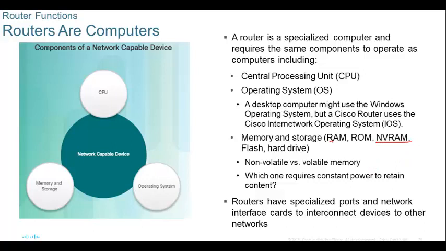In normal RAM, when the power goes off, everything vanishes, disappears. But in NVRAM, even when the power goes down, the data that you store, the configuration that you store, remains there. How long? Until you force it and delete it.